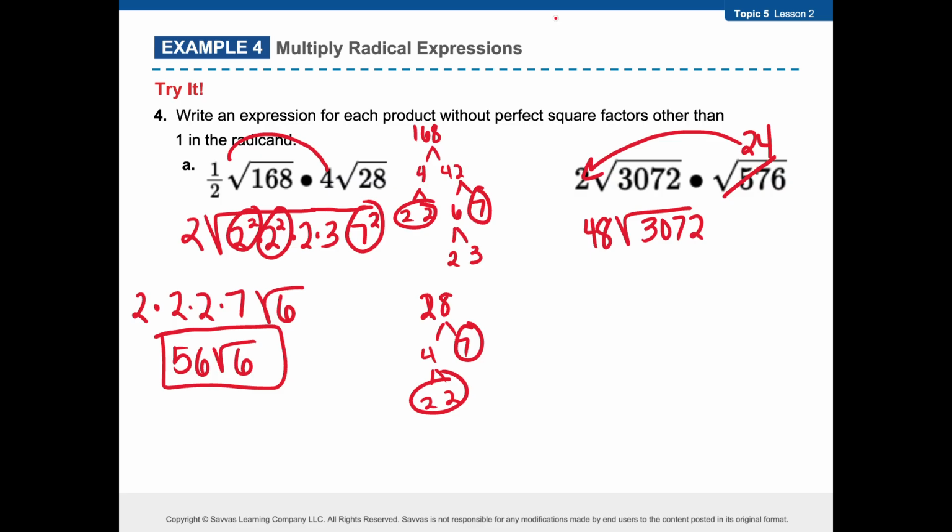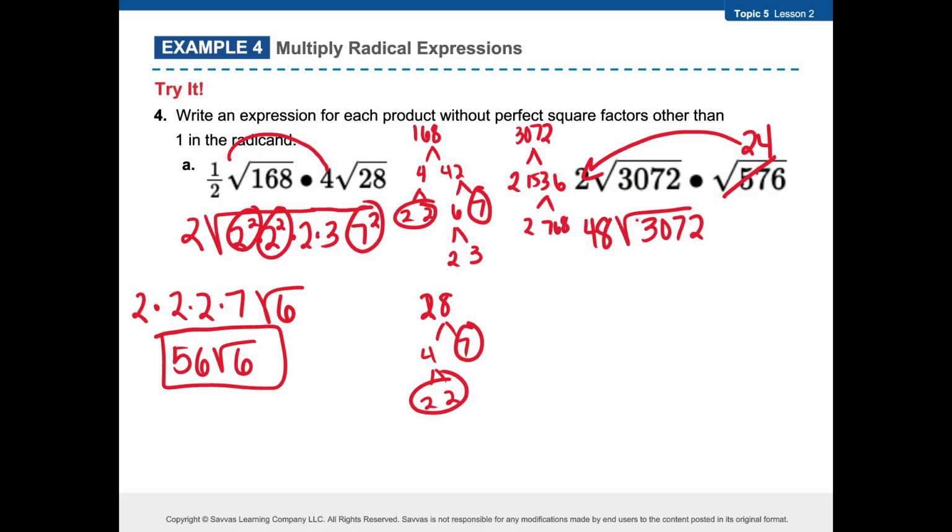3,072. Trying to find a perfect square of this number is kind of difficult. So if you want to do the family tree, you can go ahead and find what numbers when we multiply give us 3,072. Again, you can start small. Divide that by 2, 1,536. And then again, keep going down.